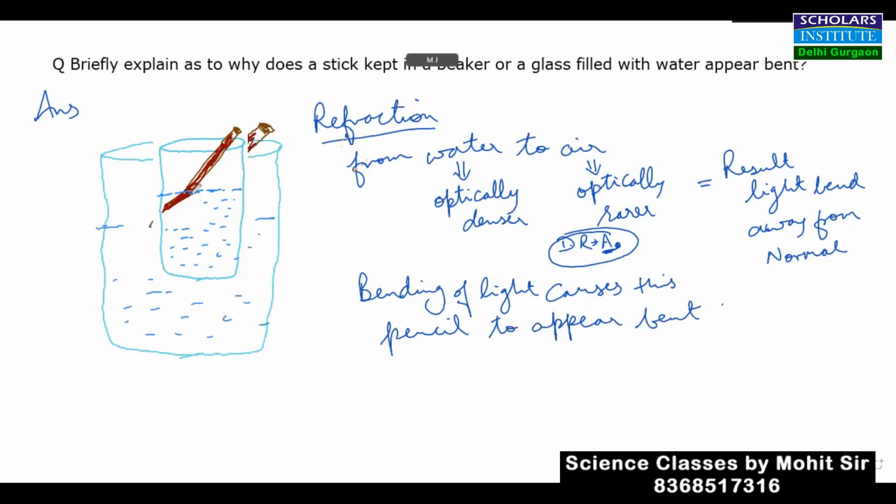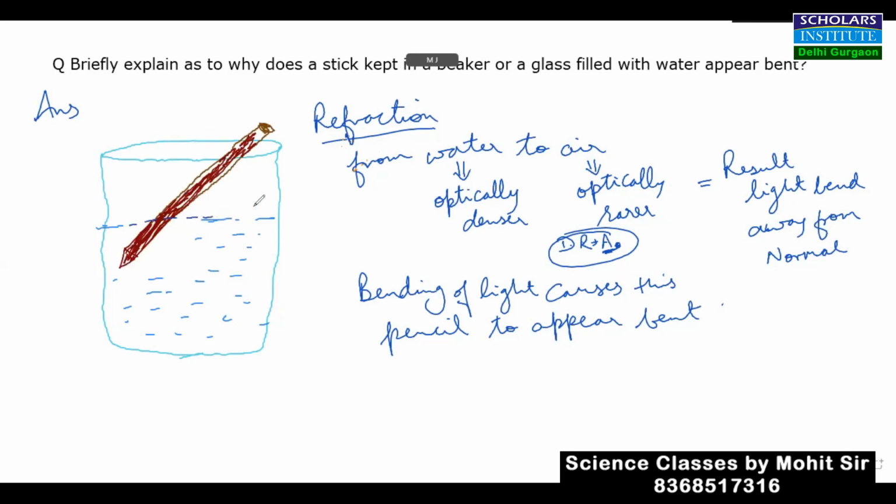Okay, this is the original pencil. So when the light from this point here will reach this surface, it is coming from the water, which is denser because it is water, and it is going out in air, which is rarer.